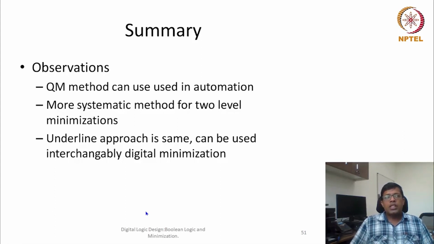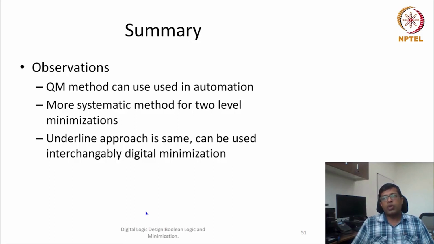With respect to K-map, it is a more systematic approach. Another bigger advantage of the QM method is that we can write algorithms for it. We can write C++ code, or code in a high level language, so that we can minimize whatever given number of min terms there are.